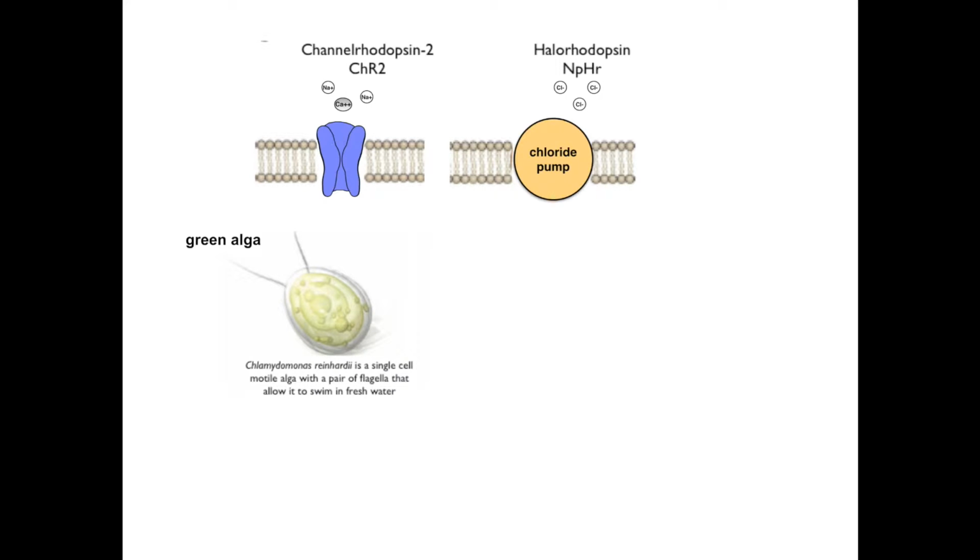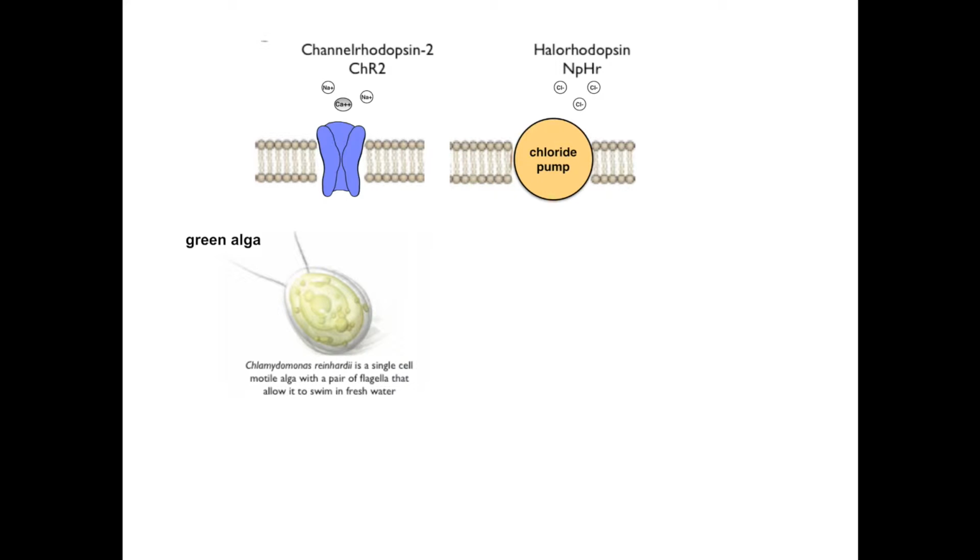But for now, one of the microbial rhodopsins, called channel rhodopsin 2, or ChR2, is shown at the top of the slide. Channel rhodopsin 2 was discovered in a green algae, where it triggers photoorientation movements of the flagella that allow the algae to swim to lighted areas that are optimal for photosynthesis.